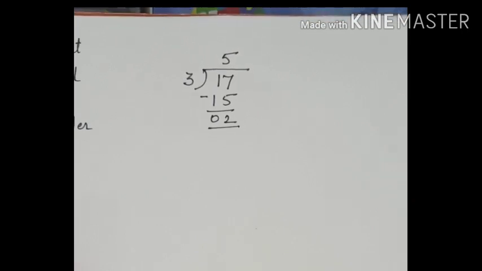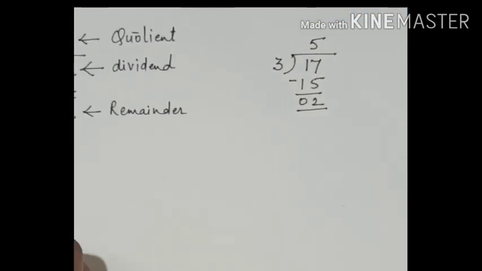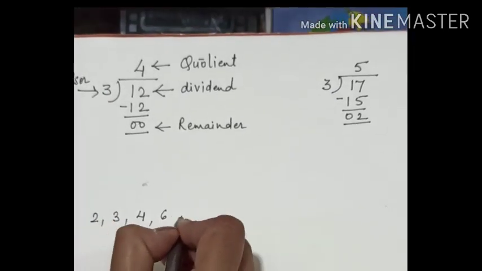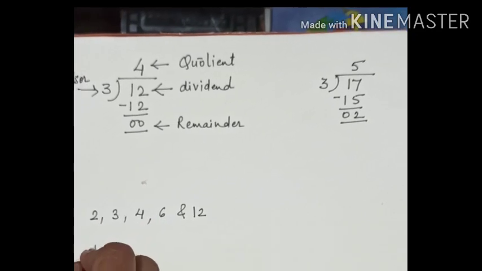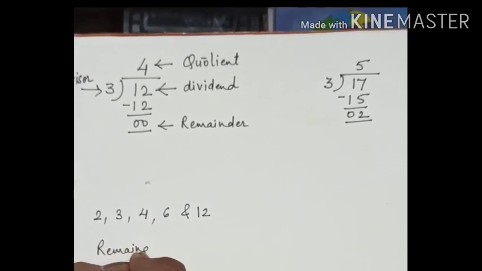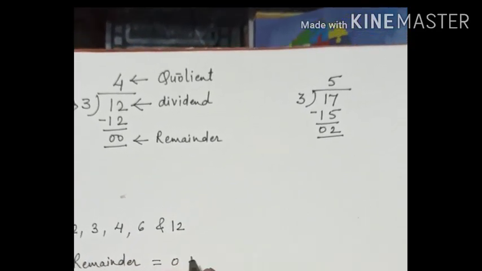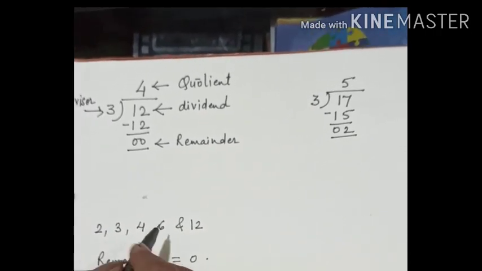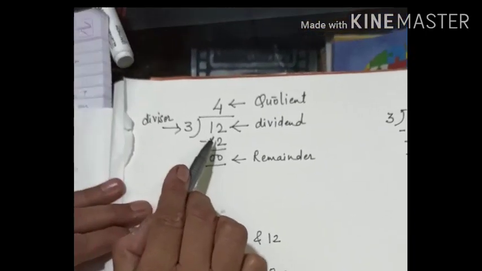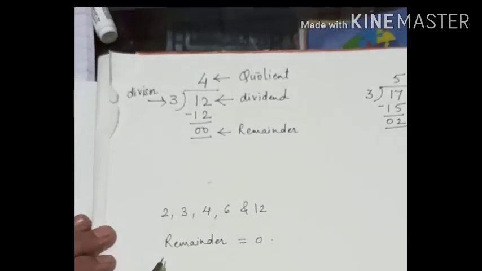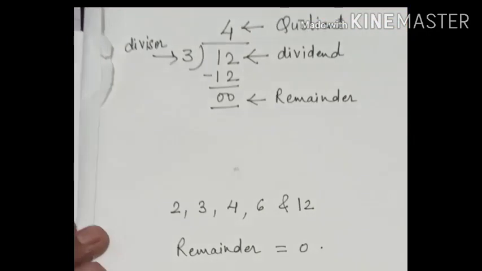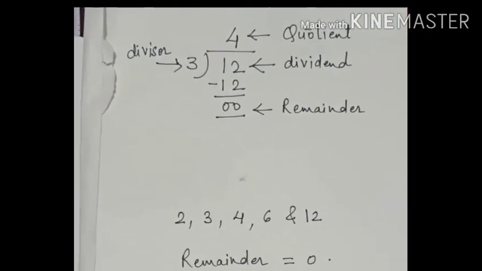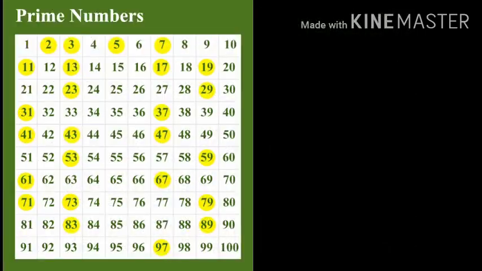When we divide by 2, 3, 4, 6 and 12, the remainder is 0. Hence, these numbers are called divisors or factors of 12. Divisor means the numbers by which we can divide the given number completely, where the remainder is 0.